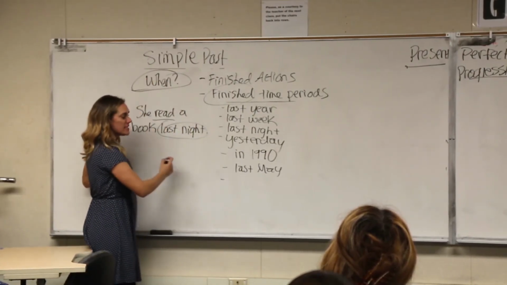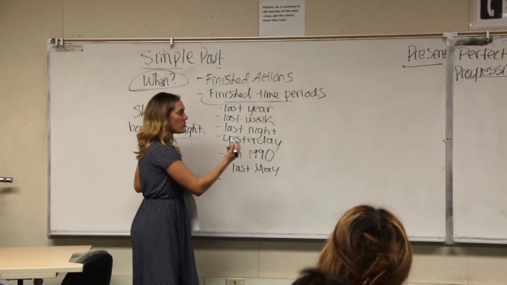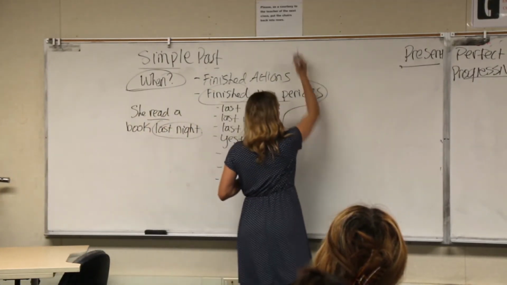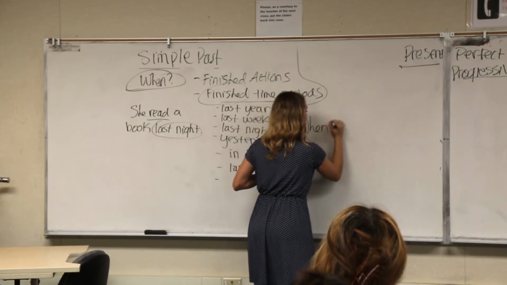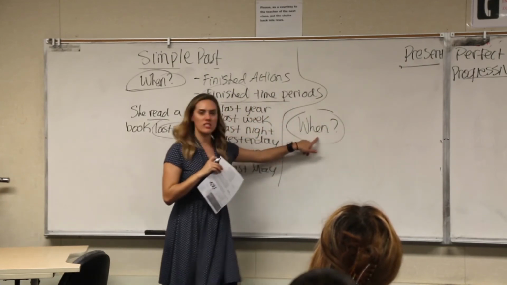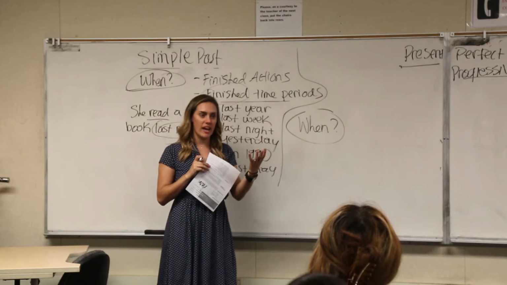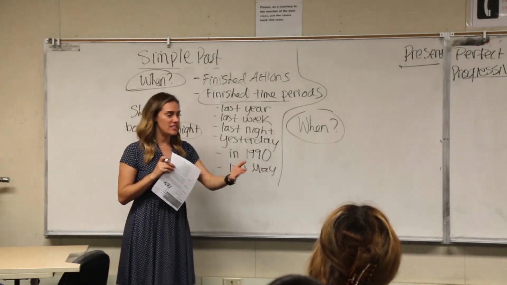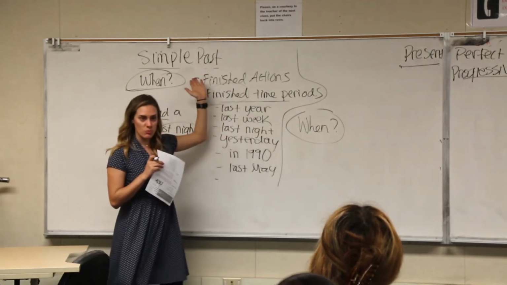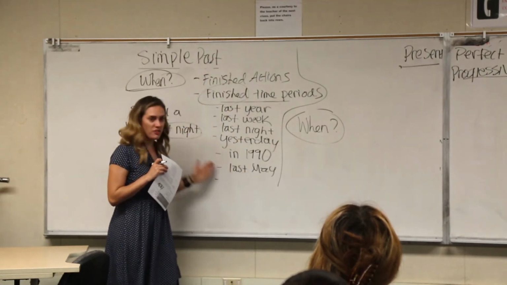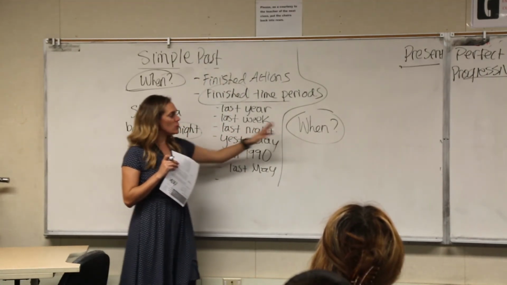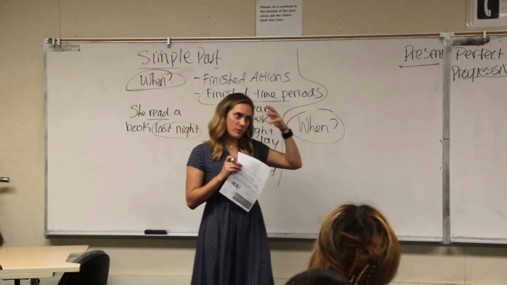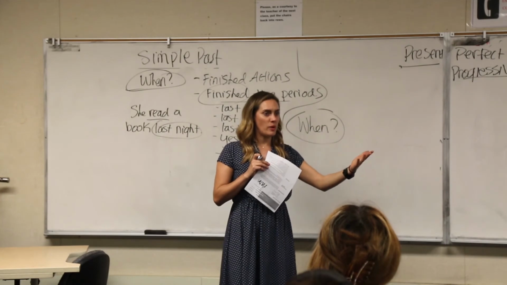Now, when we're using the simple past, we're usually focusing on one thing. Not always, but usually when somebody wants to know when something happened, and you're talking about the past, they usually want you to use simple past because they're referring to a finished time in the past. So when you get this question, when, think, okay, probably I should use simple past, okay?